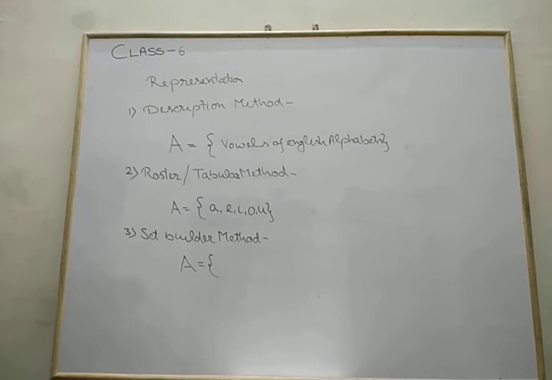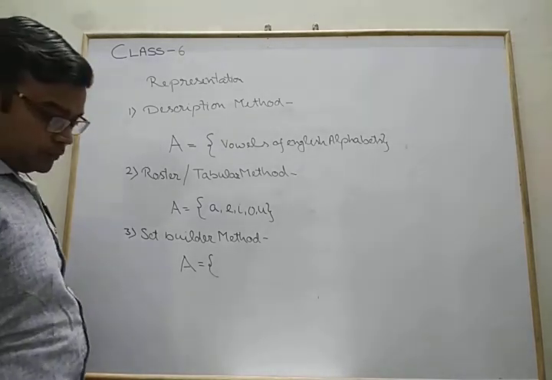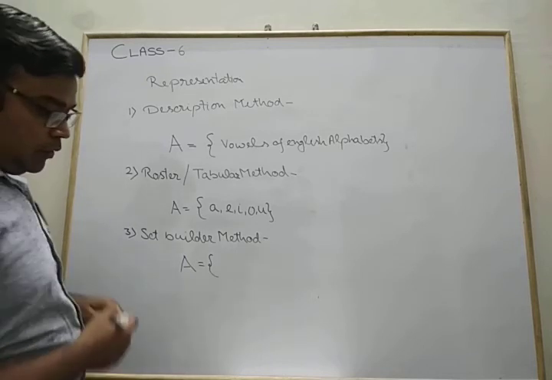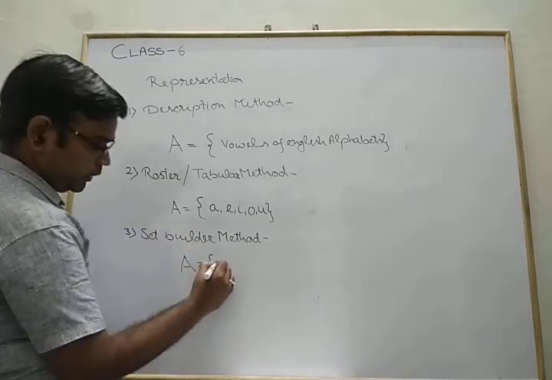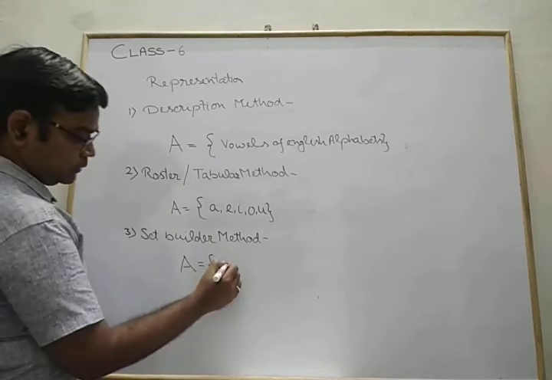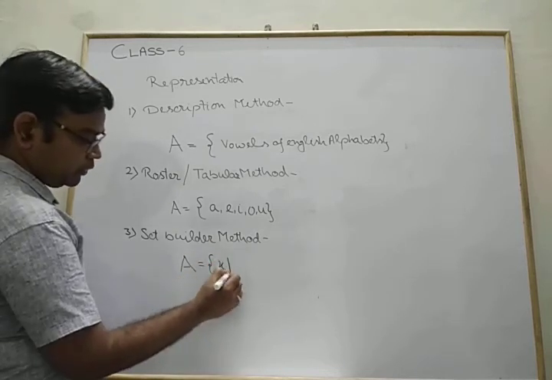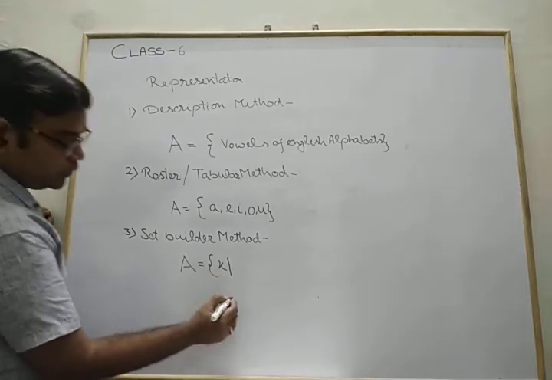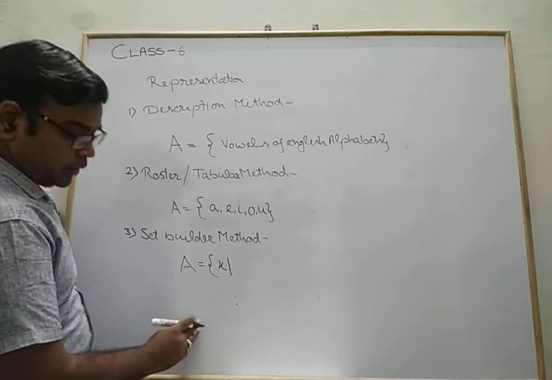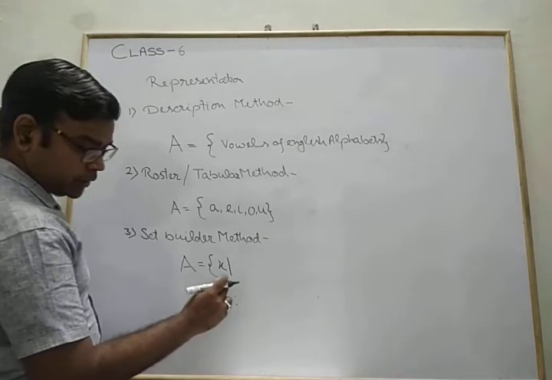In set builder method, we write some conditional based statement. Conditional based statement means what? We first write down some variable, it is x. Then we use some symbol, either a bar or sometimes in place of bar we use colon. Then we write down the condition.